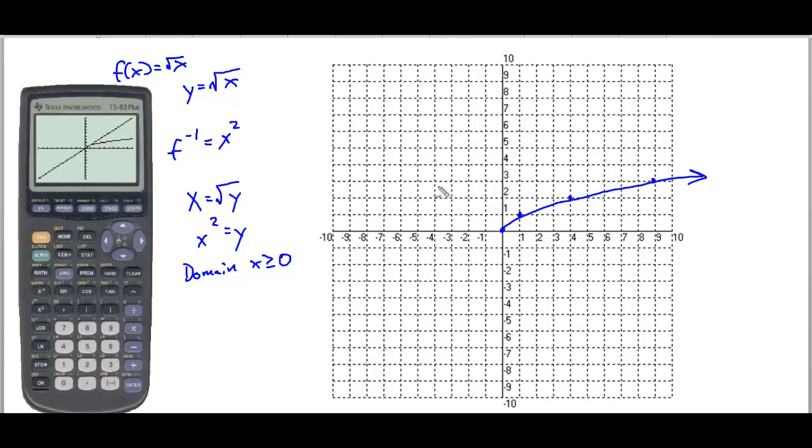Since I want to use a different color here so you can track what I'm doing, let me change the color to red. x squared is going to be this on the table. If you look at this on your calculator, you'll have a 0, 0, so I'll put a red dot right there. 1 will also be 1, so here's that right there. But 2 will be 4 and 3 will be 9.